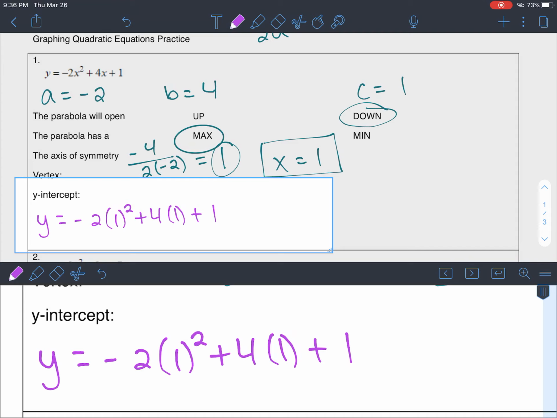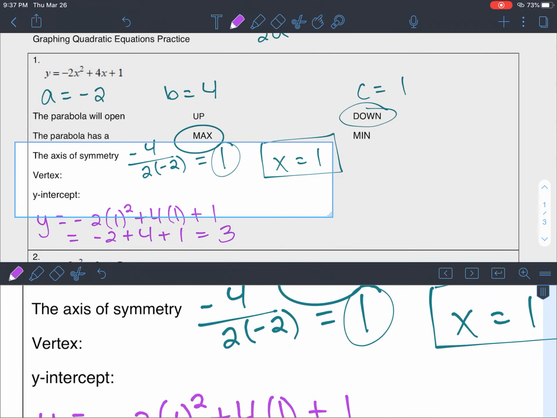So 1 squared is 1 times -2 is -2. 4 times 1 is 4. And then add one more on the end. Last step, -2 plus 4 is +2, plus 1 more gives me 3. So my vertex is at 1, 3.